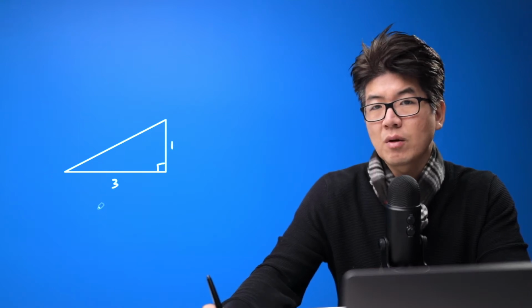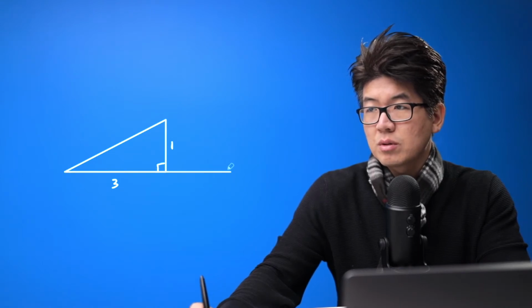Okay, here it is. Let's say this length is 1 and this is 3. So the ratio of these two sides is 1/3, right?